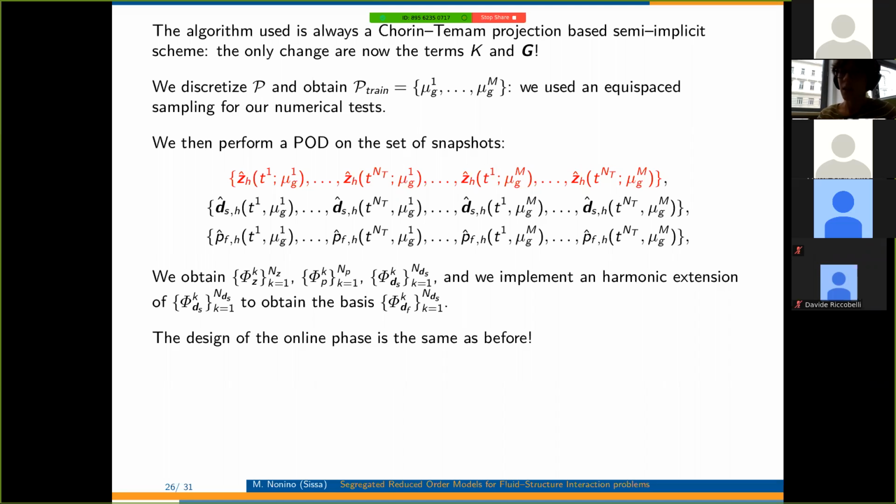And again, we decided to introduce the change of variable zeta to work with homogeneous boundary conditions. And again, we decided to implement a harmonic extension of the solid displacement to the whole domain in order to obtain the reduced basis for the fluid displacement. And then the design of the online phase of the method proceeds exactly as before.